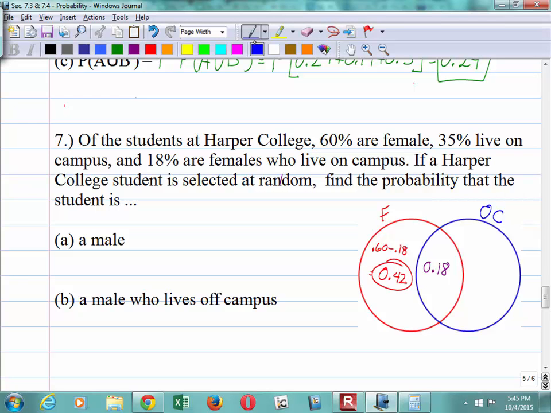And 35% live on campus, so this would be 0.35 minus 0.18, which would be 0.17.